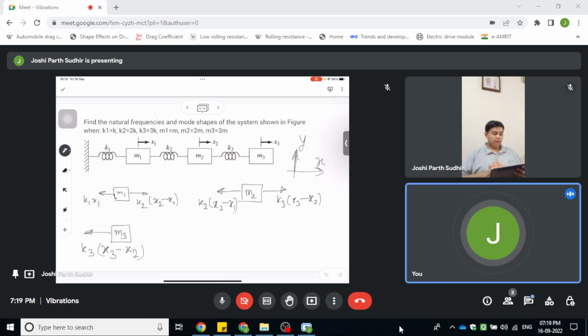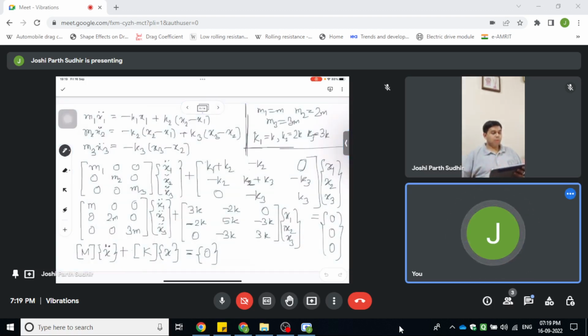Then we applied Newton's second law to each of these masses and derived the equations of motion. Then we represented the equations of motion in matrix form, and we found the mass matrix and stiffness matrix for this particular problem.